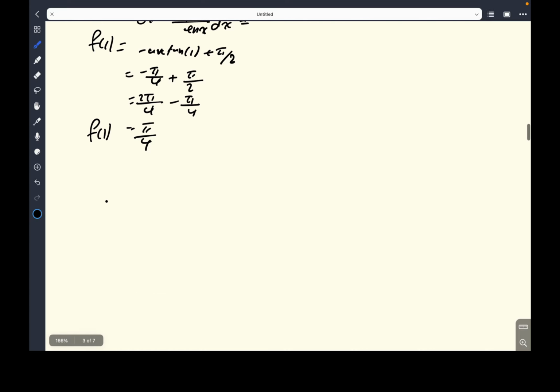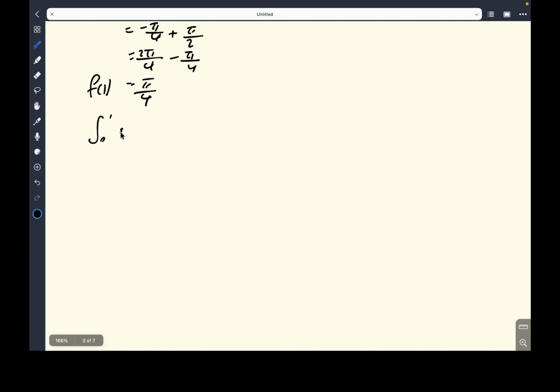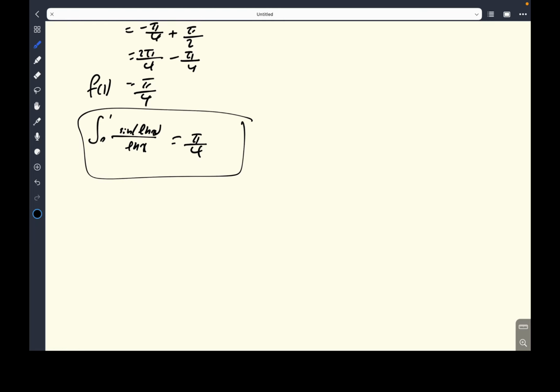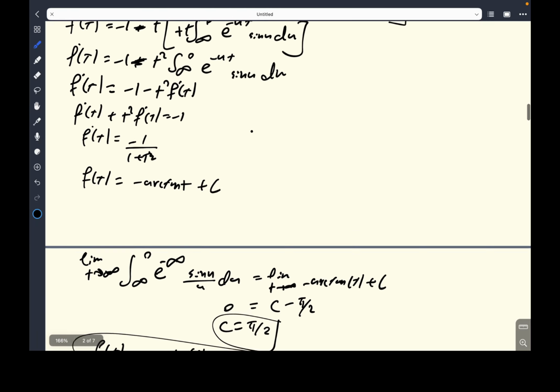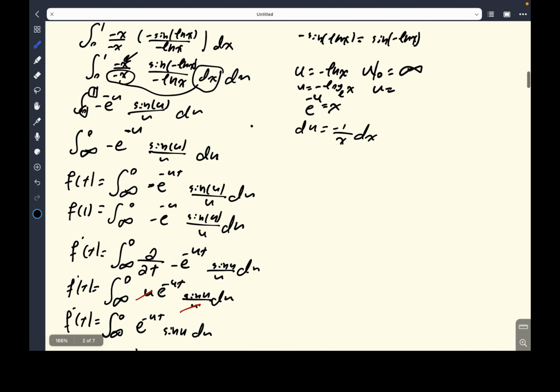My f of 1, therefore the integral from 0 to 1 of sine of ln x over ln x, equals pi over 4.